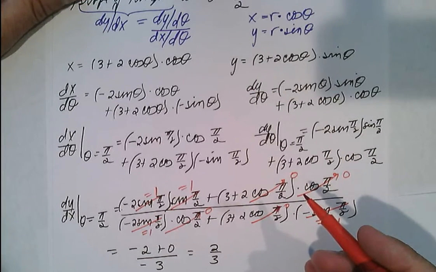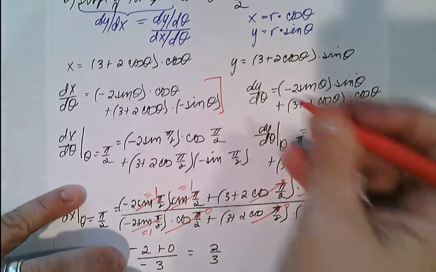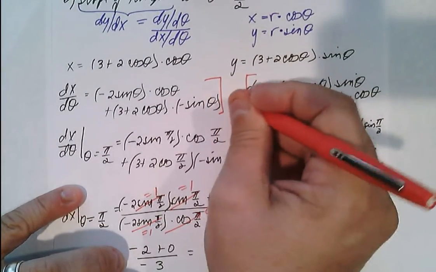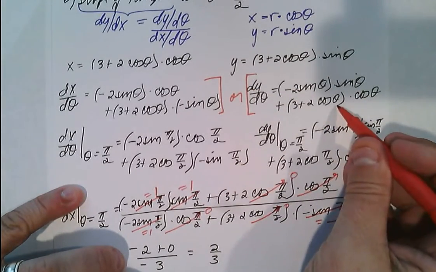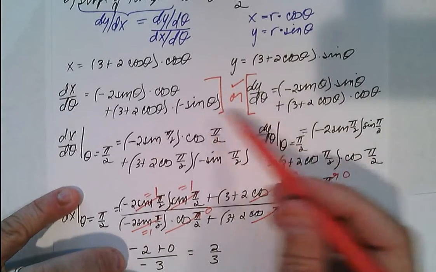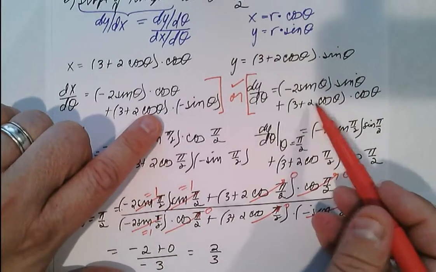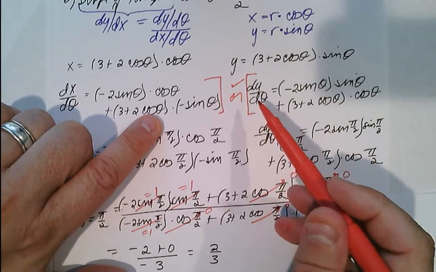All right, let's look at the scoring rubric. According to the College Board scoring rubric, if you came up with the expression for dx d theta correct, or the expression for dy d theta correct, you got 1 point. That's sort of an interesting way for them to approach this. As long as you get one of these right, you get a point.